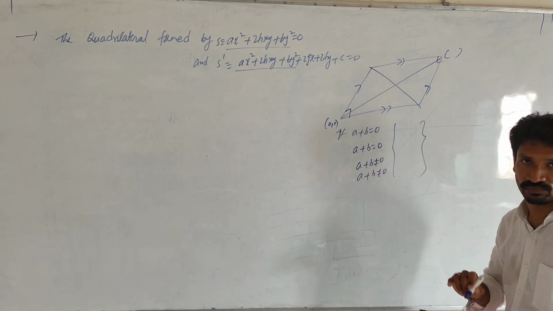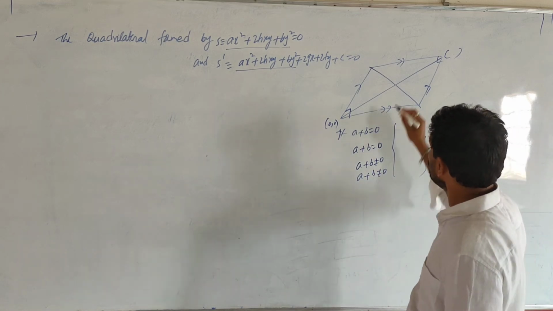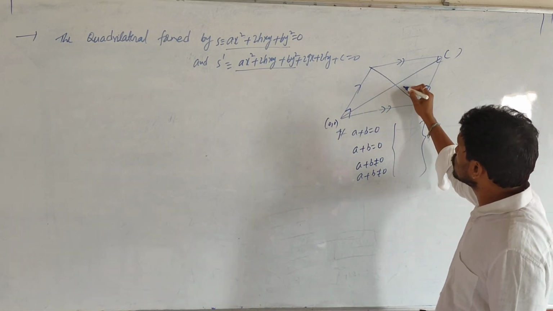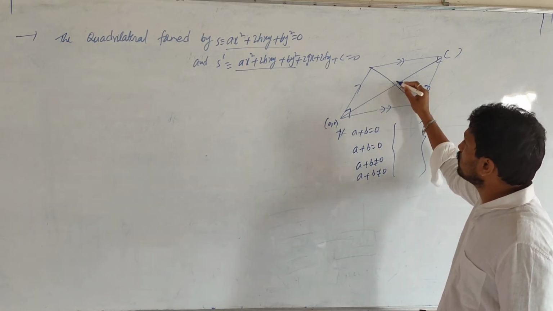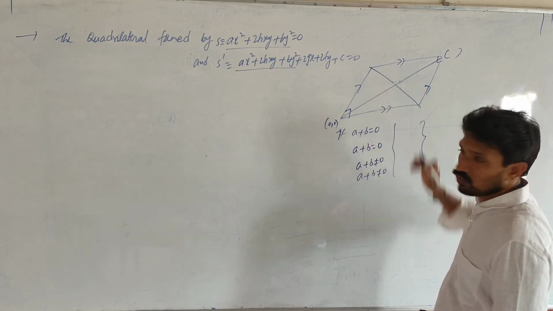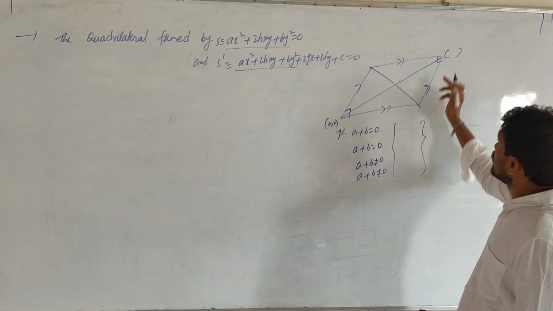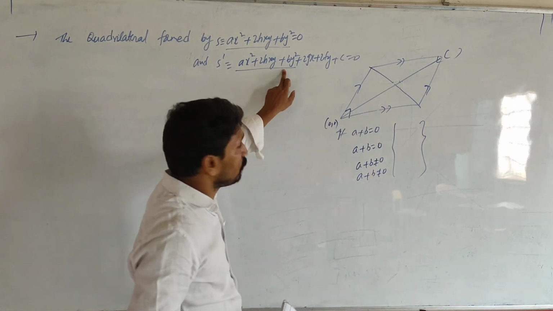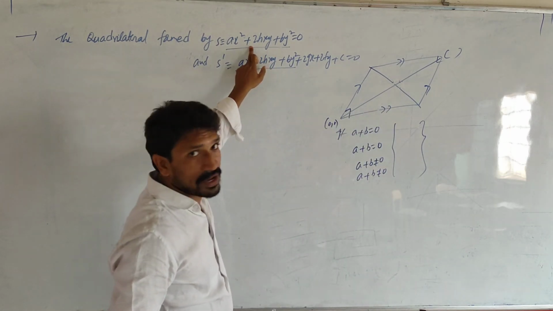What is that? See here, find out the angle between these two diagonals. One thing you remember. It is a pair of straight lines. It is also a pair of straight lines.